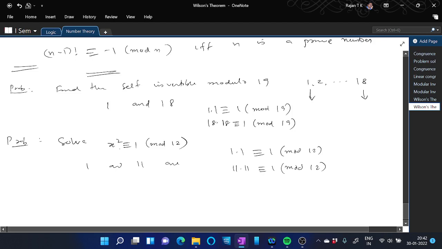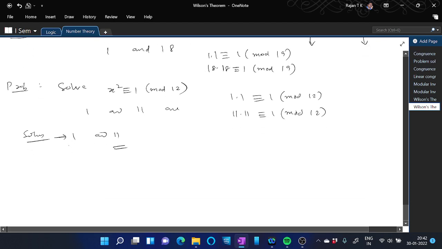And therefore, x squared congruent to 1 mod 12 has exactly two solutions, 1 and 11.